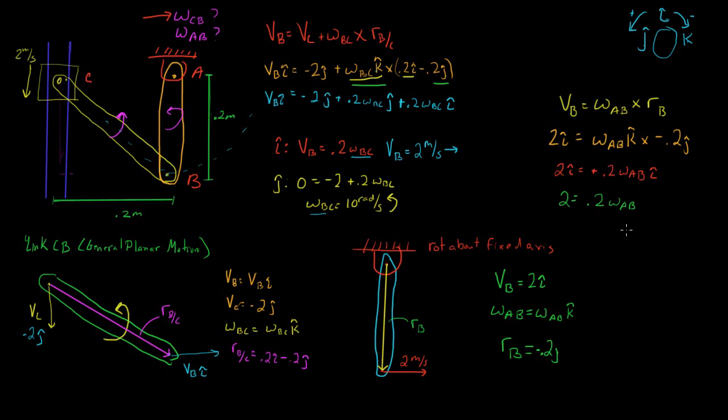And we can solve for the angular velocity of this link AB, and we get that it is equal to 10 radians per second. And again, our assumption that it's positive is correct, and it's really moving in the counterclockwise direction.